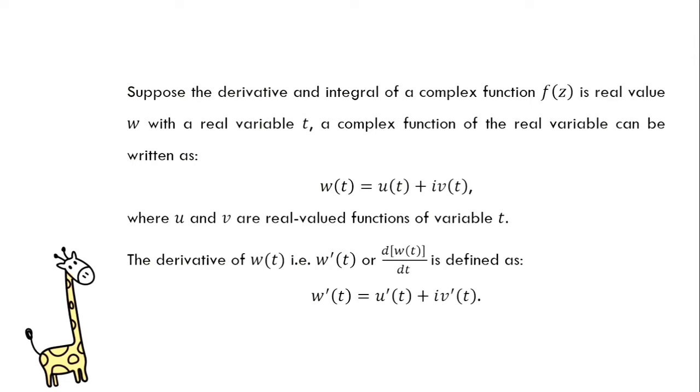A complex function of the real variable can be written as w(t) equals u(t) plus i v(t), where u and v are real valued functions of variable t. The derivative of w(t), written w'(t) or dw/dt, is defined as w'(t) equals u'(t) plus i v'(t).